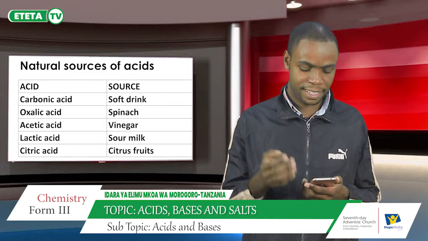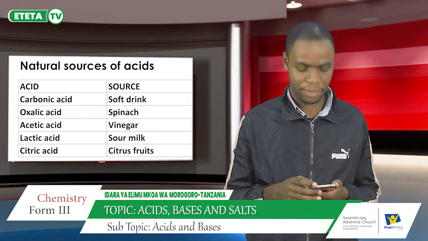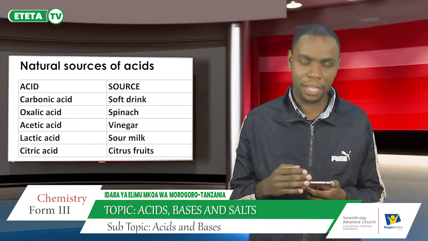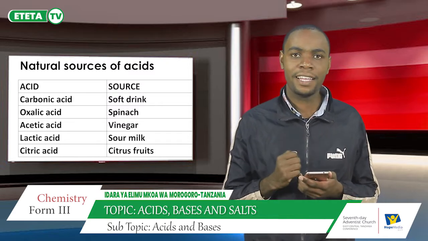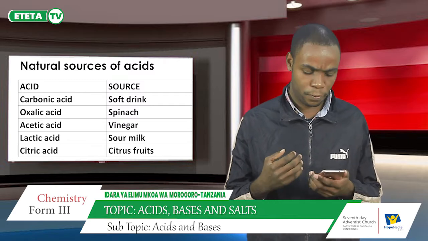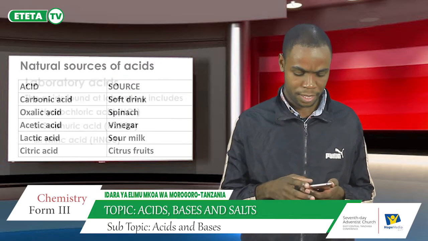Another is acetic acid. This one is obtained from vinegar. Another is lactic acid, and the lactic acid is obtained from sour milk. And another one is citric acid, and this is obtained from citrus fruit like orange and others.